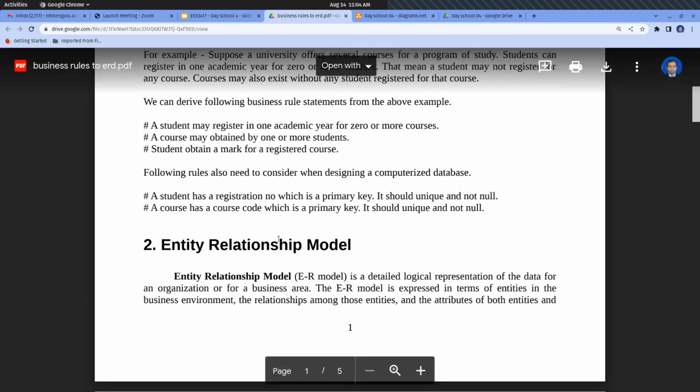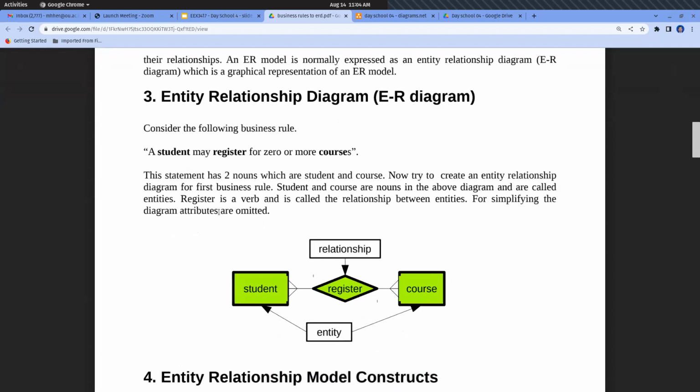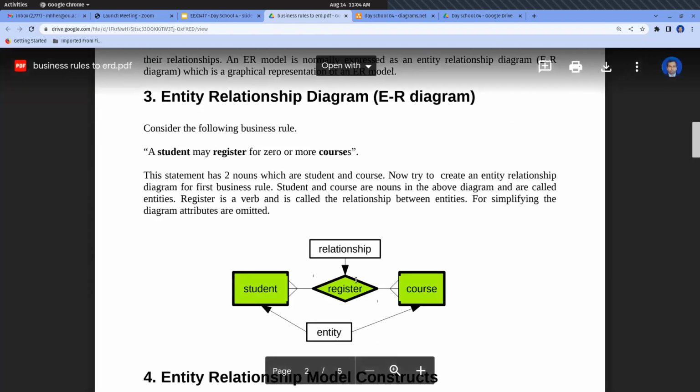Entity relationship model. Consider one business rule: a student may register for 0 or more courses. Here, we have to consider what the entities are.